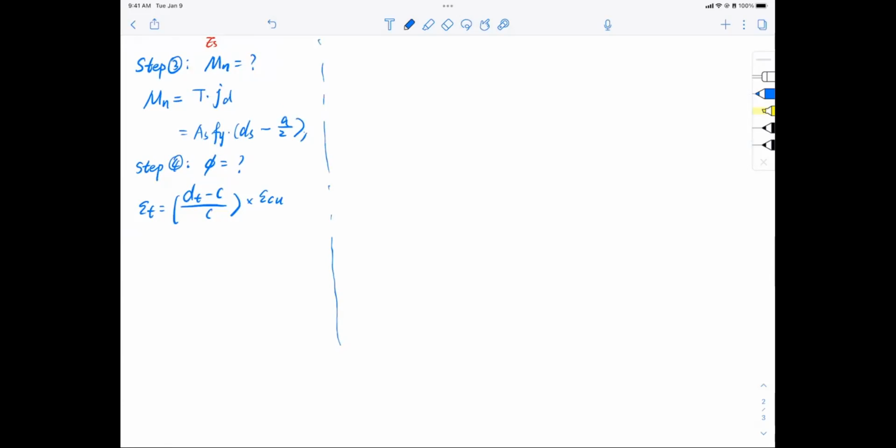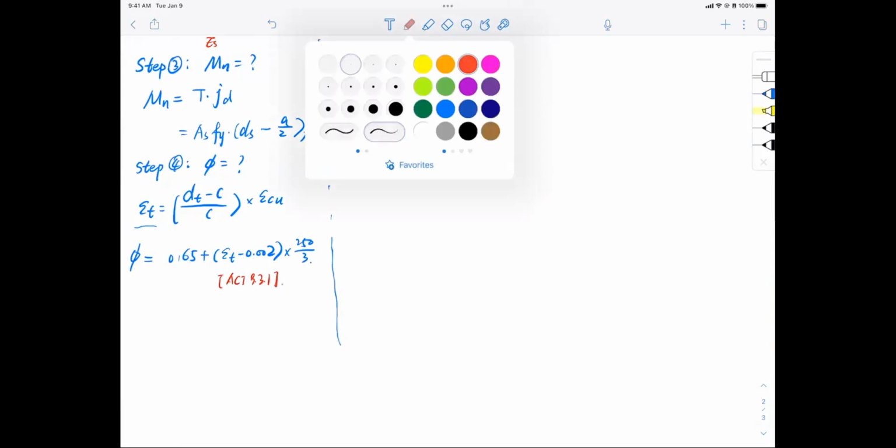And now you have epsilon t, all you have to do is bring into the equation phi equal to 0.65 plus epsilon t minus 0.002 multiplied by 250 over 3. And you will find this equation from ACI 9.3.1 and find your strength reduction factor.